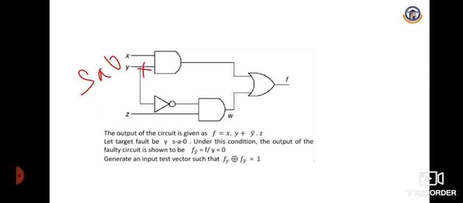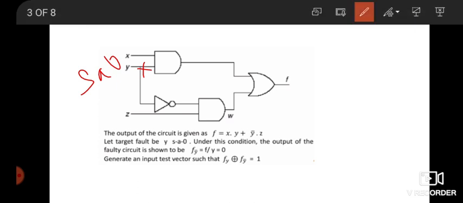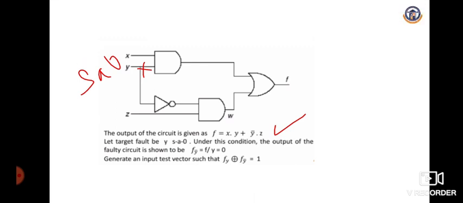Before this we can write the expression of this circuit. The expression is f equal to x dot y plus y bar z. So we find the test vector when the y line is affected by stuck at 0.